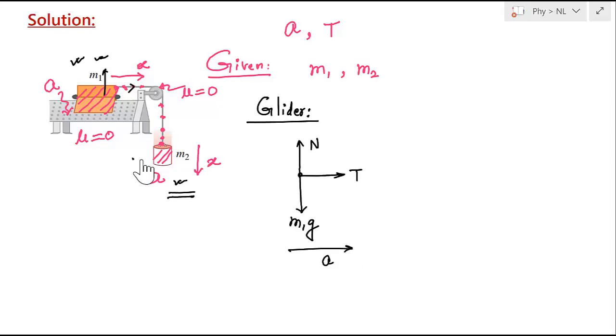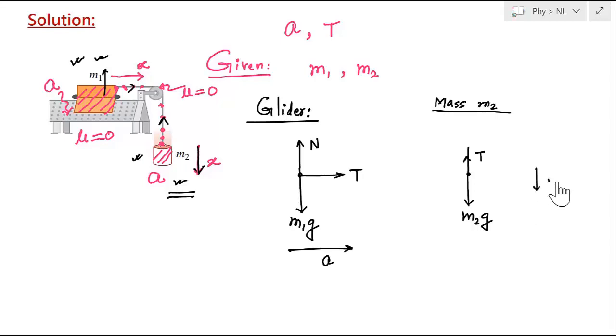Now let us draw the free body diagram for mass m2. So this is mass m2. Once again I will show this using a point, and the weight is acting in the downward direction, and this is m2g, and the tension is acting in the upward direction, and this is tension T. And this is moving in the downward direction with acceleration a.